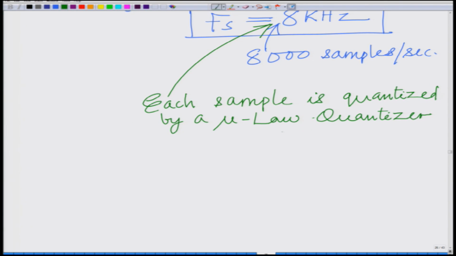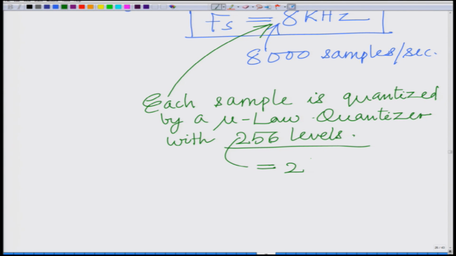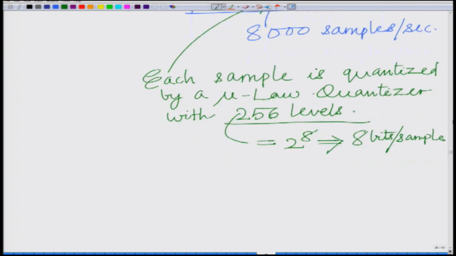Mu log quantizer with 256 levels. Well, 256 equals 2 to the power of 8, which implies 8 bits per sample.